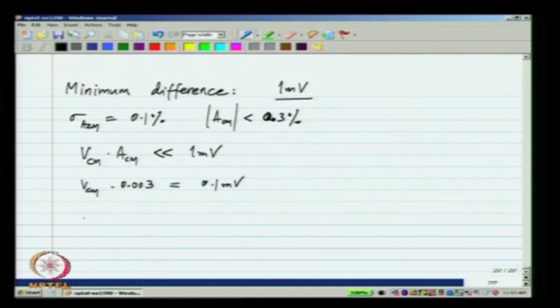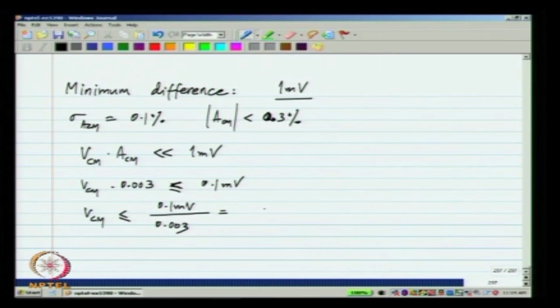So, let us say less than or equal to 0.1 millivolt. So, VCM has to be less than or equal to 0.1 millivolts by 0.003. And how much is that?